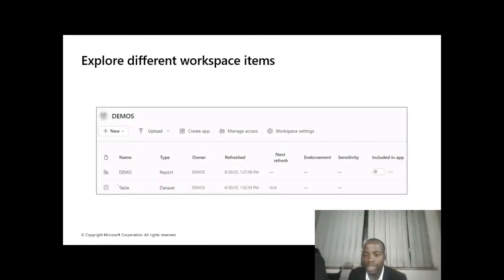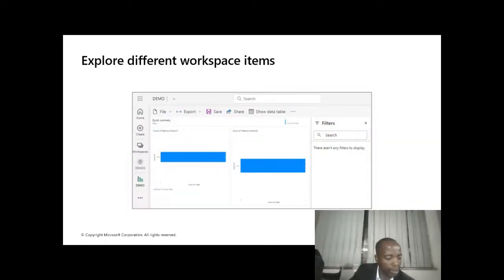Semantic models can be refreshed on demand or on schedule, 8 to 48 times per day, I think depending on your license, either Premium or Pro, and the trial. What you are using is the trial version, so it may not accept all the types.